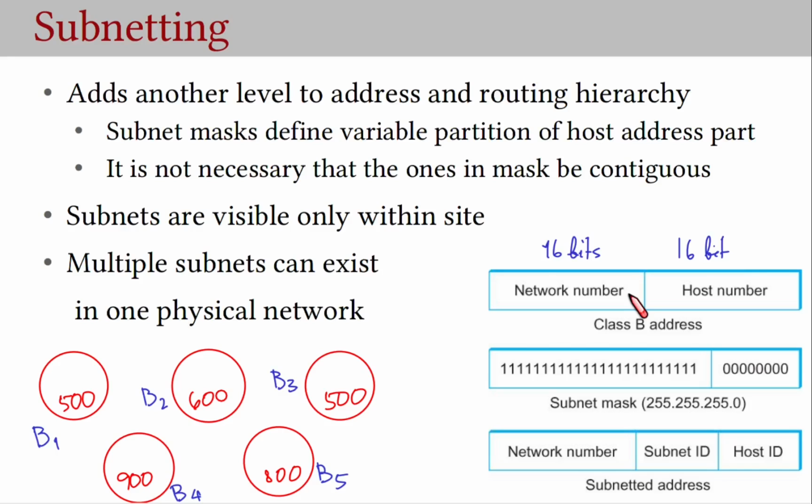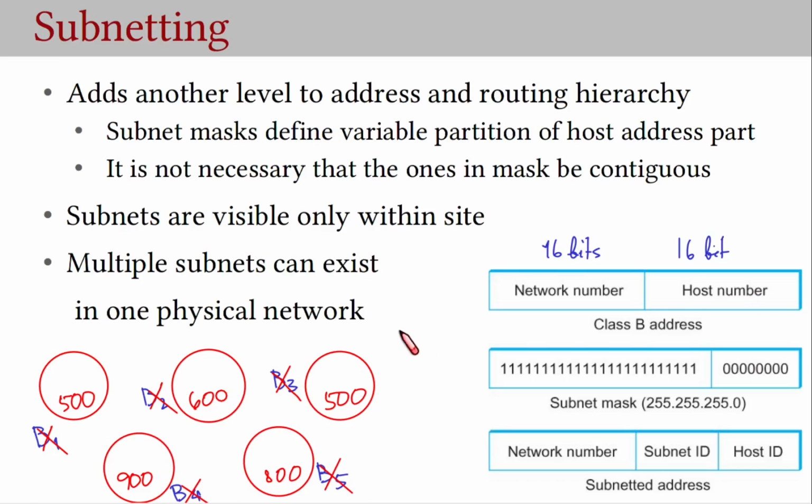So what we instead do is that we just take one class B address rather than allocating a separate class B address to each one of these, because their requirement is not 65,000 hosts each, but it's like 500-600.